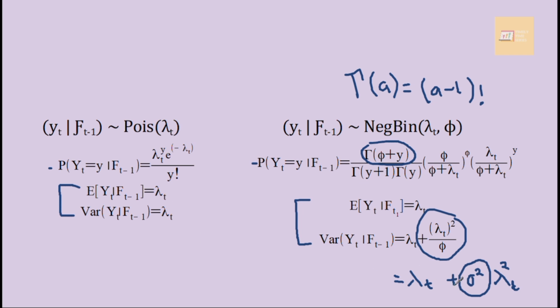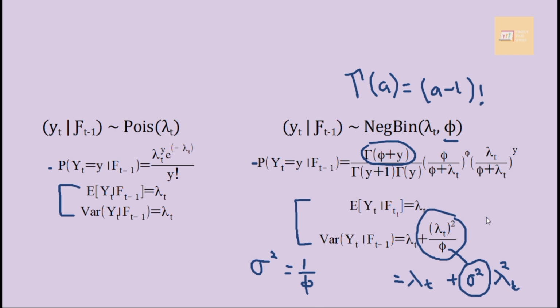Okay, and what's the relation between phi, the dispersion parameter here, and the overdispersion coefficient? Here it is. The overdispersion coefficient, sigma squared, is 1 over phi.